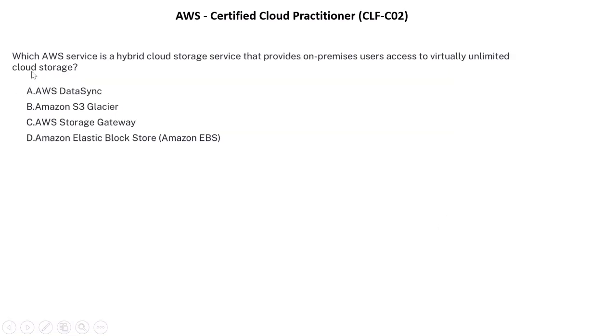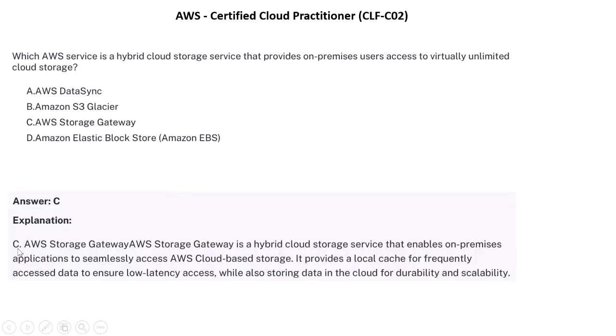Next one. Which AWS service is a hybrid cloud storage service that provides on-premises users access to virtually unlimited cloud storage? Option A, AWS DataSync, option B, Amazon S3 Glacier, option C, AWS Storage Gateway, option D, Amazon Elastic Block Store. The right answer is option C, AWS Storage Gateway.